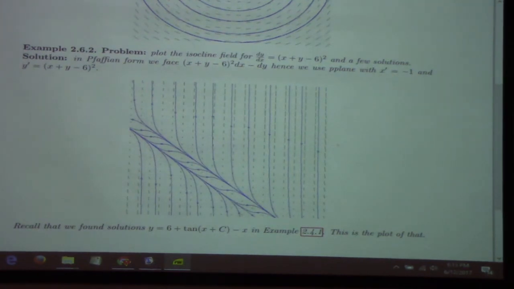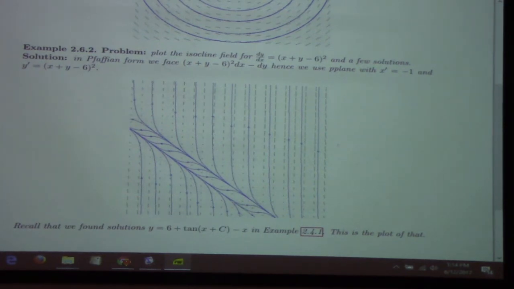There's this p-plane thing. If we put x prime equal to f2, which is going to involve x and y, and y prime equal to f1 of x and y, then p-plane will create these kinds of plots. All right.